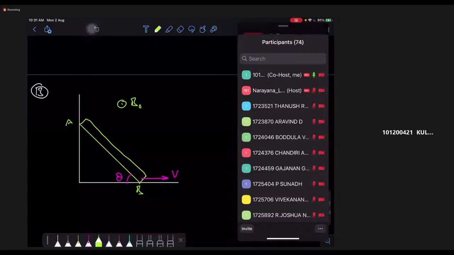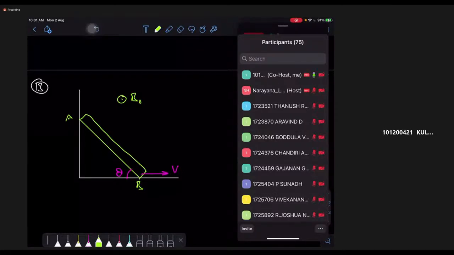Now he said that at the instant shown, the angular speed of the rod is asked. You can do this problem in many ways. The simple way is to consider the velocity of A as something downward, let's say V dash. The criterion is that the component along the rod must be the same, because the length of the rod is not changing.